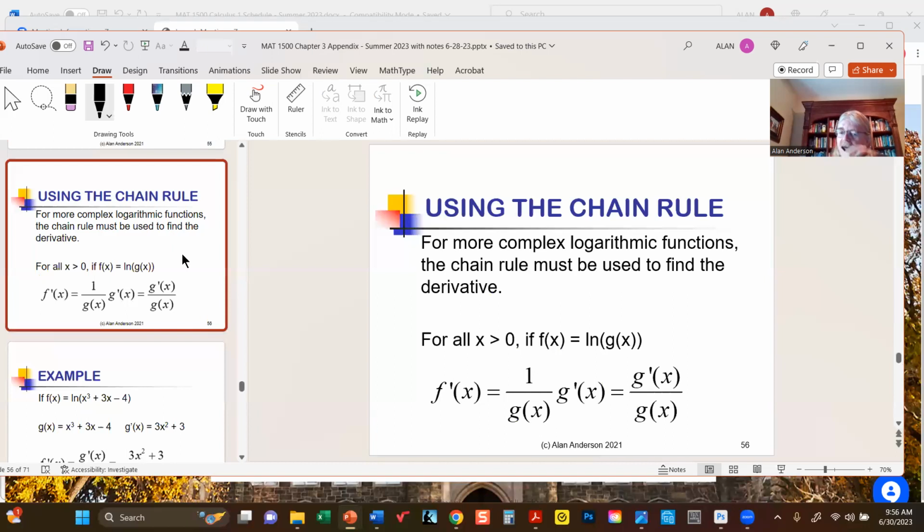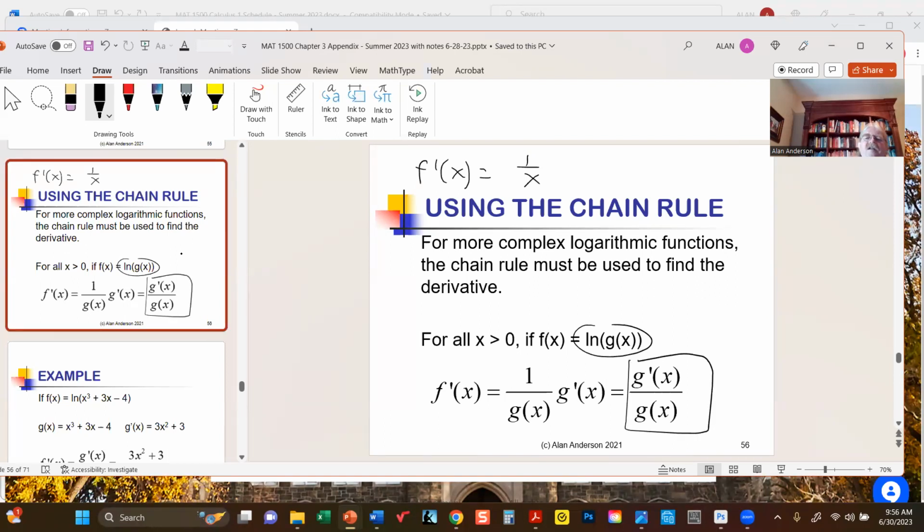It's what we started out with. Remember, f prime of x, for simply log x, is just 1 over x. So for log g of x, it'll be 1 over g of x times g prime of x, or we often see it consolidated into g prime of x over g of x.